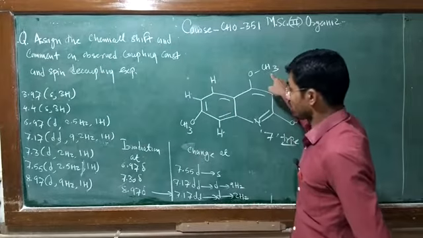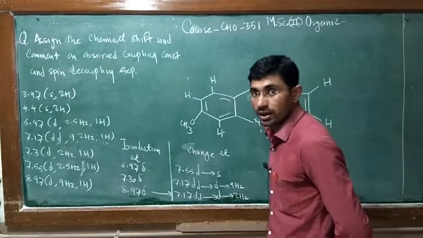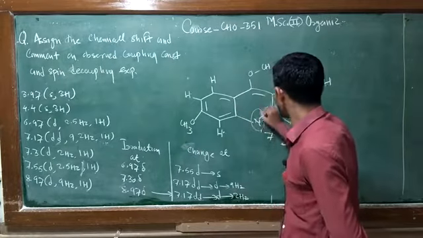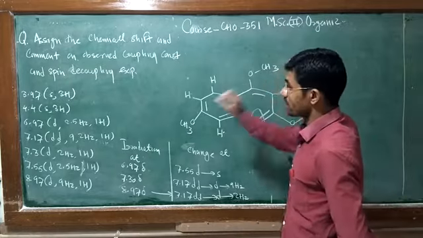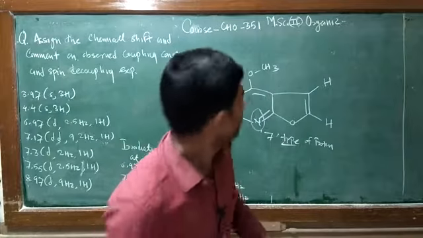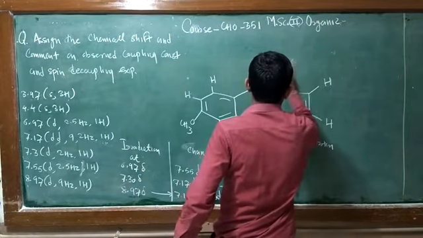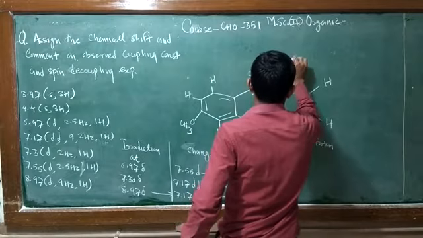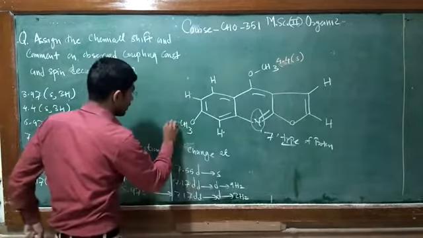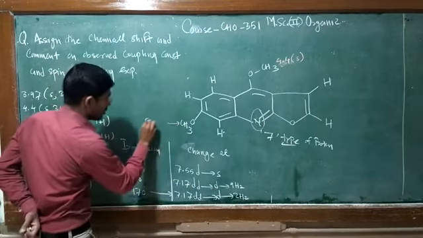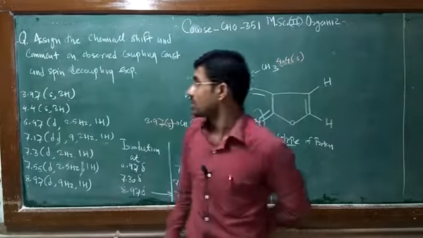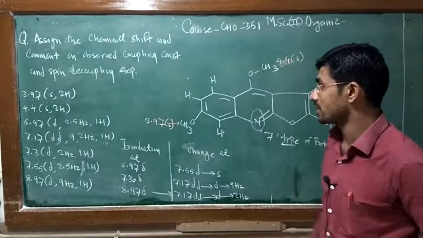This methoxy group particularly is downfield compared to the other methoxy because of the nitrogen present at the para position. So we assign 4.42, 4.4 singlet for this, and 3.97, again a singlet, for the other. These 2 signals we can assign here.